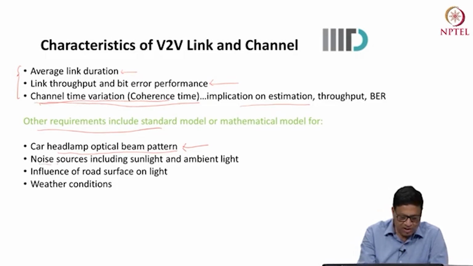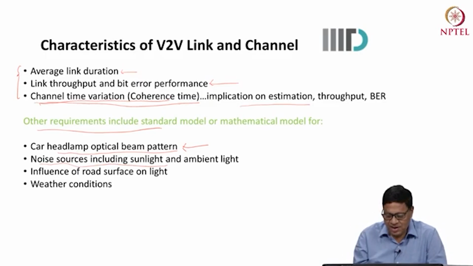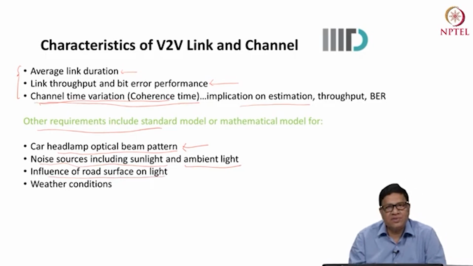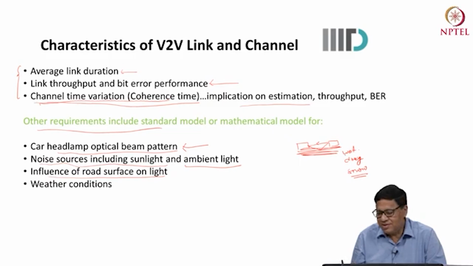And then we need to model the noise sources, which come from sunlight or ambient light. We also need to model the road surface, because if the road is wet, and these are two cars, for example, and this is the road, how much light gets reflected from here and reaches here? I mean, there is line of sight anyway, but there is a component which is coming from the road also. If the road is dry, or if there is snow, the light behaves differently in different road conditions.